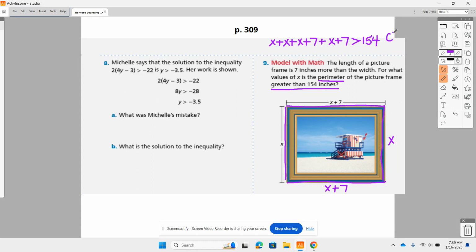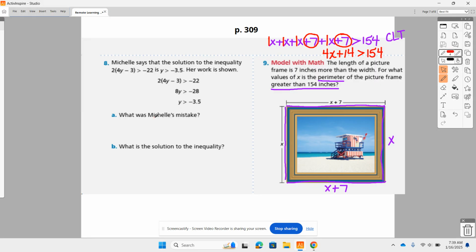So CLT. Remember, we've got some coefficients. All of these represent 1x. So we've got a total of 4x. And then positive 7 makes positive 14. Greater than 154. Okay, see if you're able to take that from there and use your inverse operations.